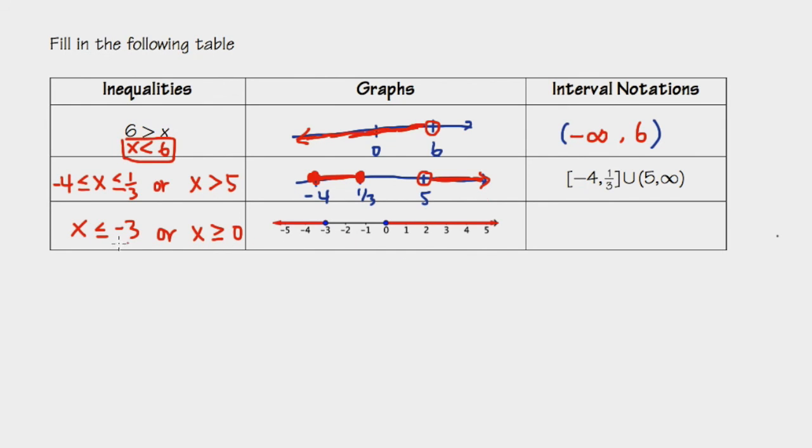Interval notation for this one. Well, let's look at this. The left endpoint is all the way from the left, so that will be negative infinity, and the right endpoint is at -3. So we have it like this. For infinity, we use parentheses, and for this -3, because this is a solid circle, we use a square bracket, and we'll put on a union. For interval notation, we don't use the word or, we use union.